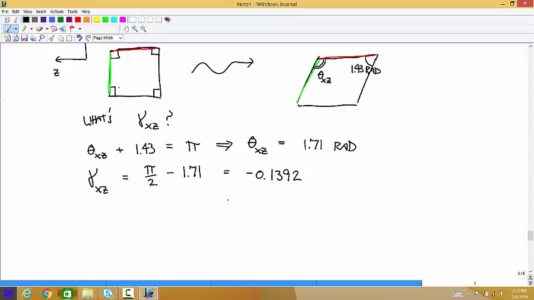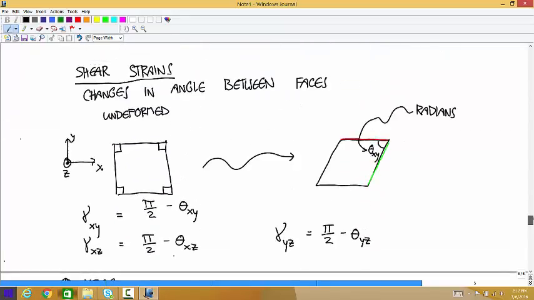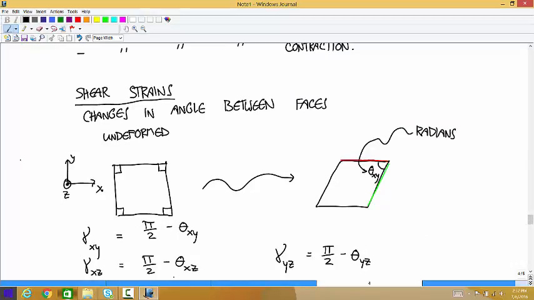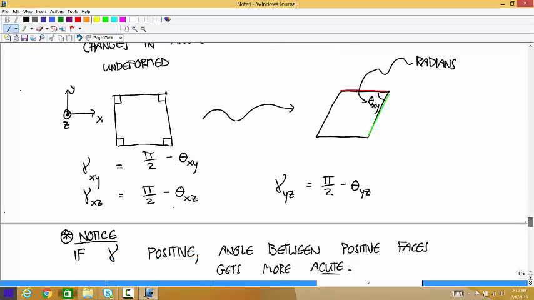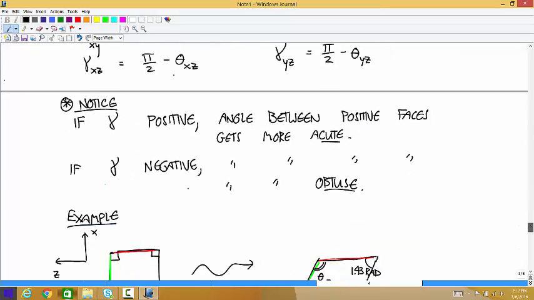Any questions about that? Could you scroll back up to your introduction of the shear strains? The next, this definition, yeah. So if the positive faces get more acute, it's a positive shear strain. If the positive faces get more obtuse, it's a negative shear strain.